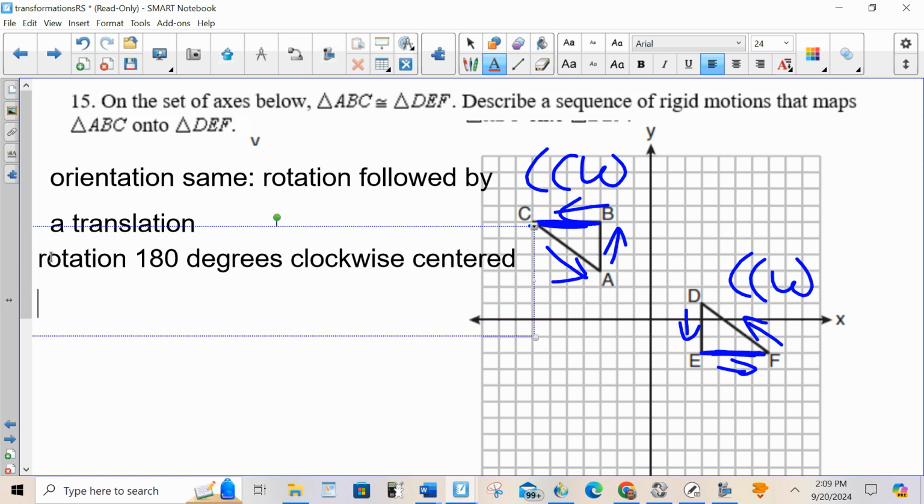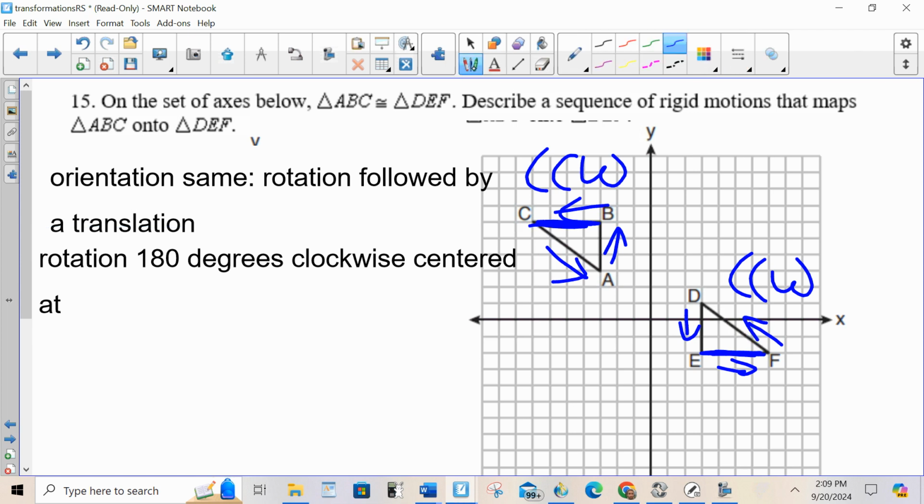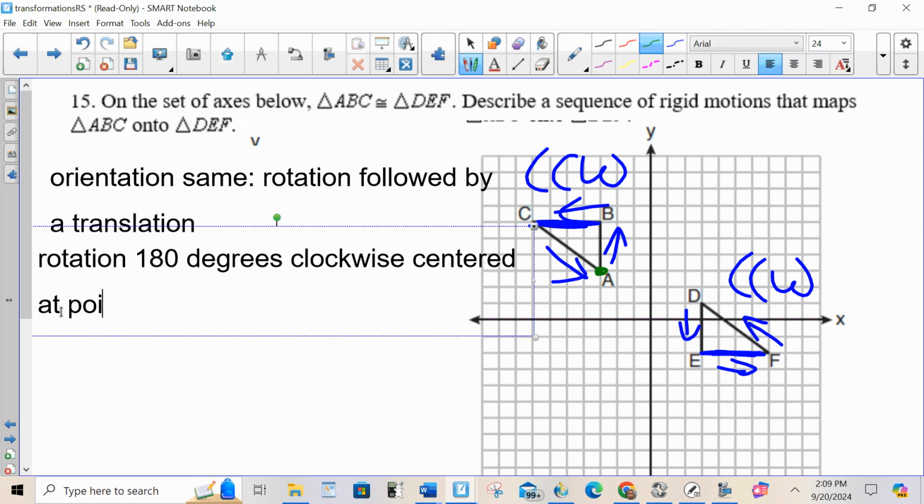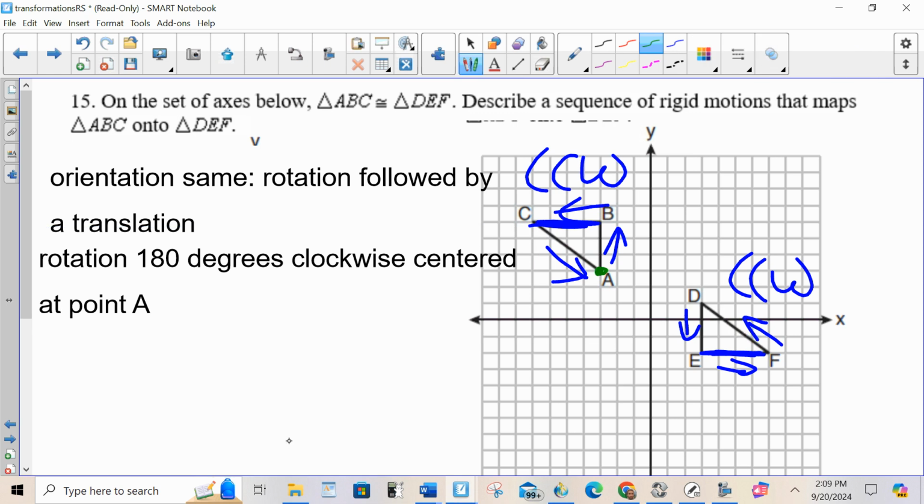Centered at. You need a center of rotation, and we always want to use a point that's on the triangle. That makes it a lot easier. So I'm going to choose point A. Centered at point A. So then you could draw a rough sketch. You don't have to. I know that A is going to have to map onto D. So how do I get from A to D?